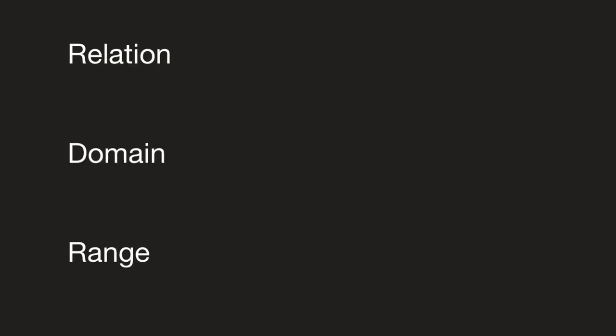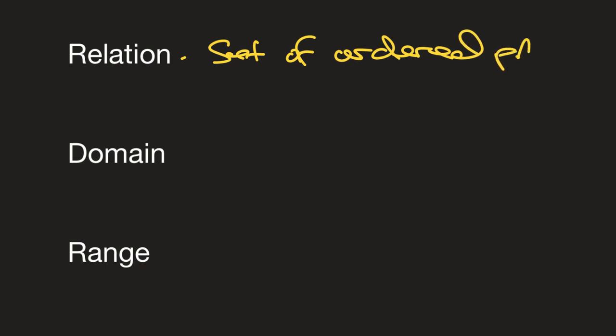We're going to start right here with these three words, okay? Relation, domain, and range, okay? Now, a relation is basically a set of ordered pairs, okay?